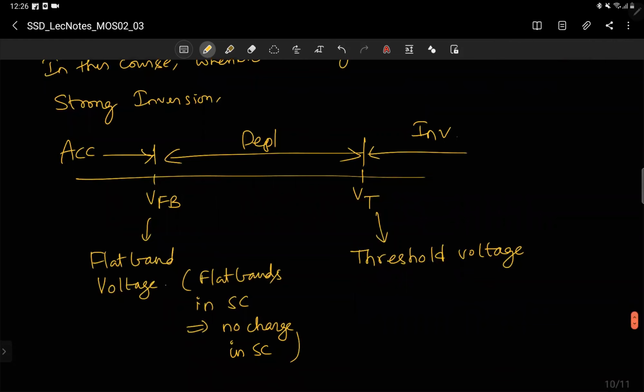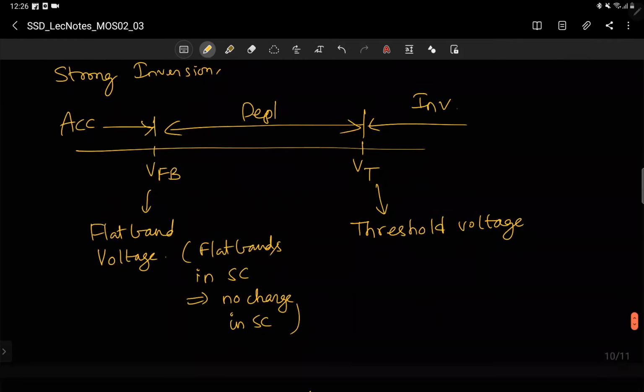the flat band voltage. Flat band in a semiconductor means no charge in the semiconductor. The bands are flat, and the equivalent picture in terms of charges is that there is no charge. This other one is called threshold voltage.